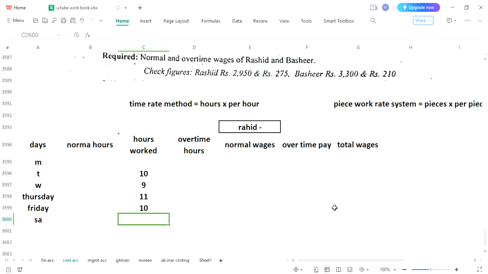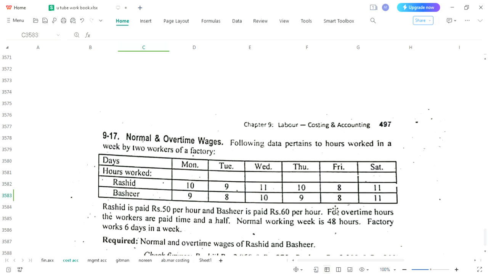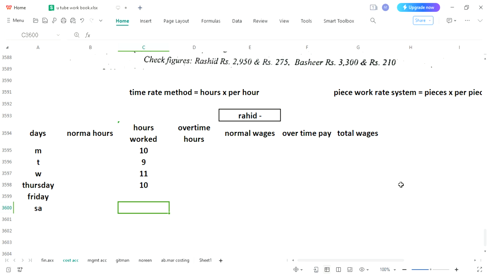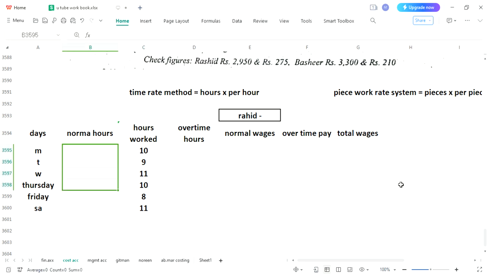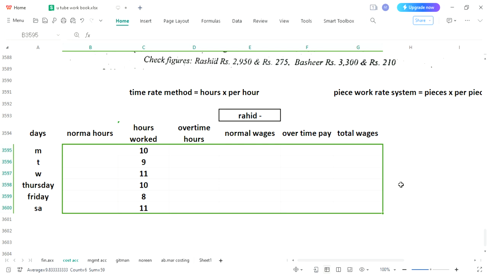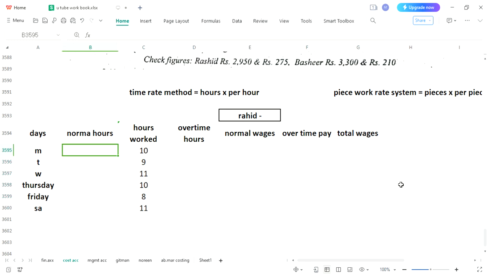Now for these working hours, for Friday 8 and 11. What we have completed is hours worked, and obviously these hours worked include both overtime and normal hours.